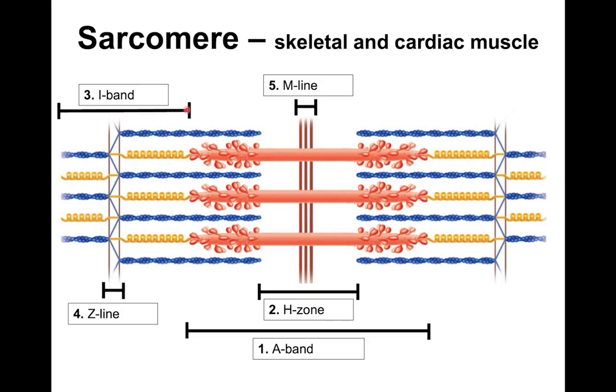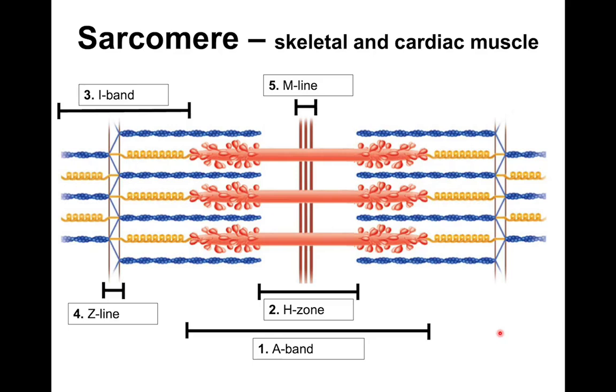The lighter bands are known as the I band, and the I band is formed by only thin myofilaments, or actin. At the center of the I band, we have another structural protein that holds the actin myofilaments together, and it forms a line known as the Z line. Sarcomeres are the area between two successive Z lines. So this is one sarcomere.